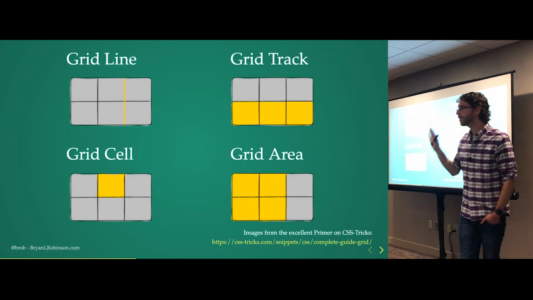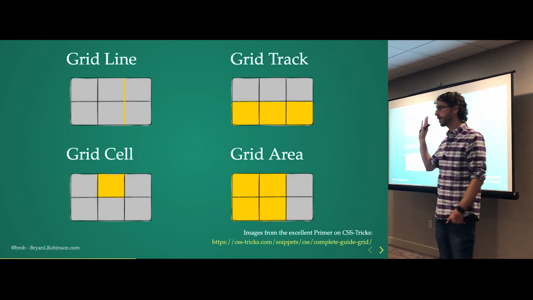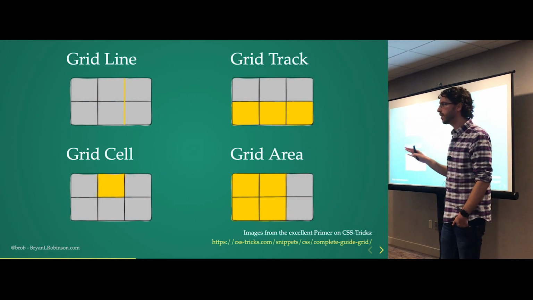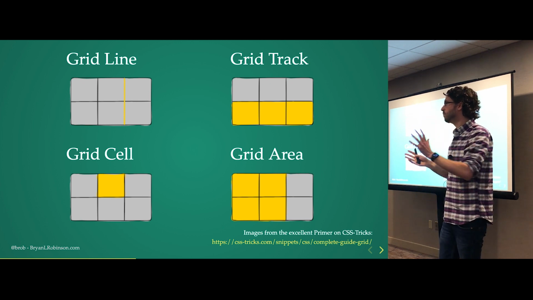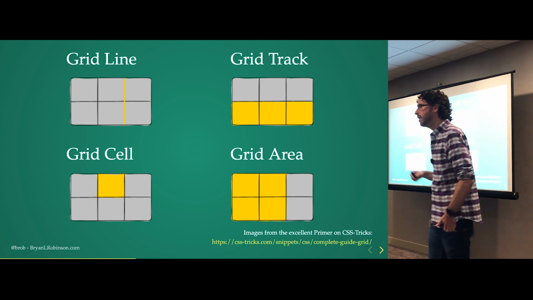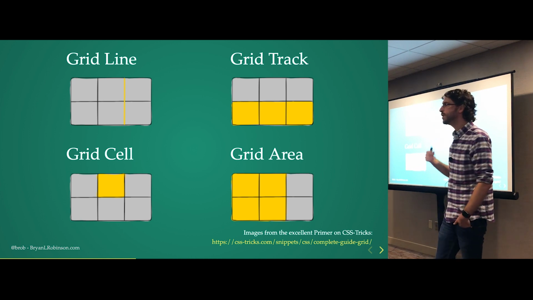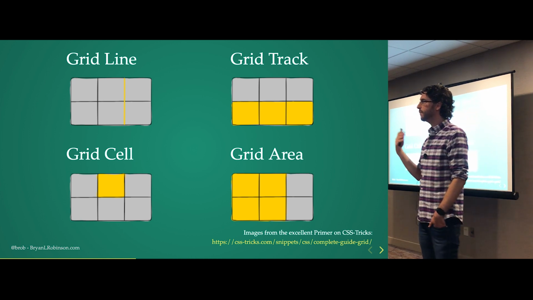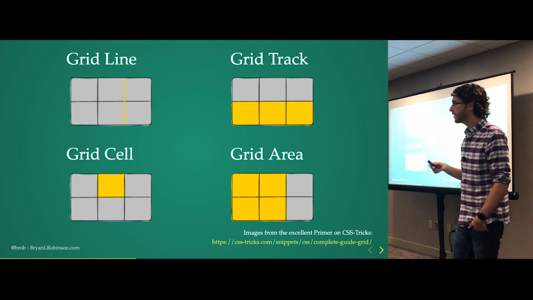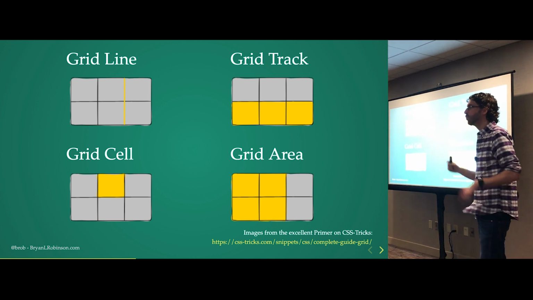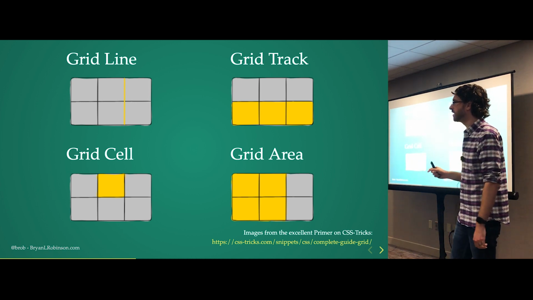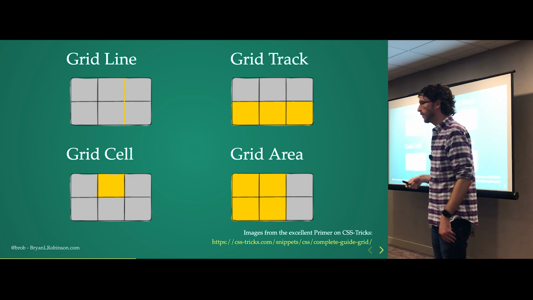Then we have 4 different base units of our grid. Our base units are not columns and rows. They are not grid template columns or anything like that. We have this idea of grid lines, which I mentioned before. That is the base unit of any grid. When you put 2 adjacent parallel grid lines together, you get 1 grid track. That is 1 row or 1 column generically in our grid.